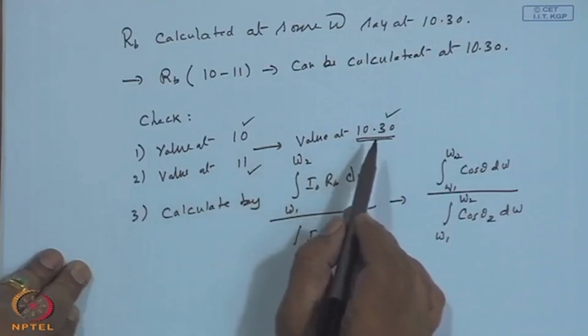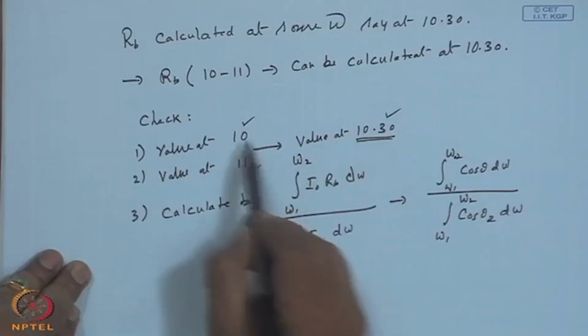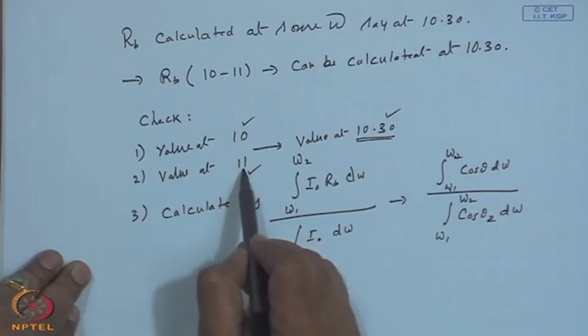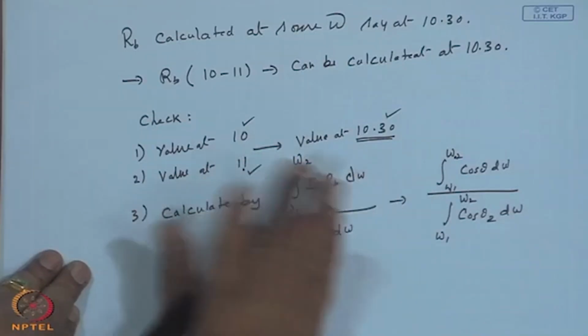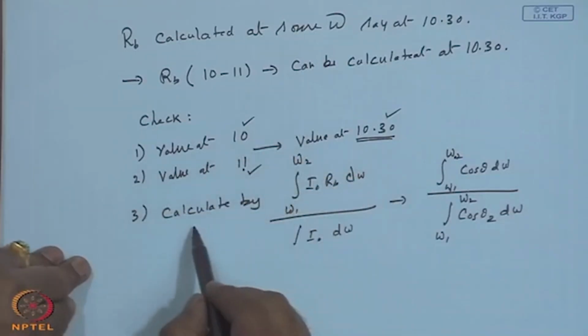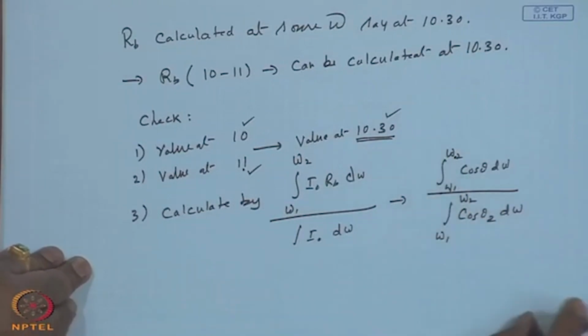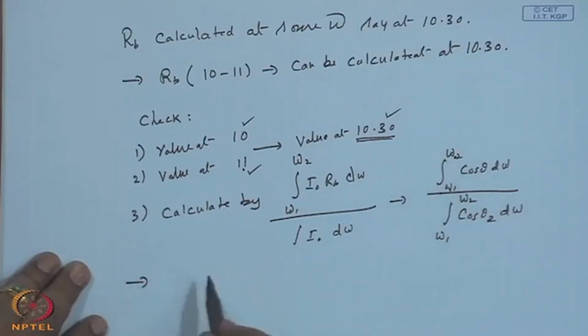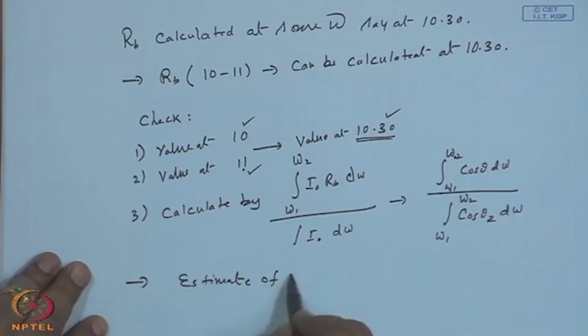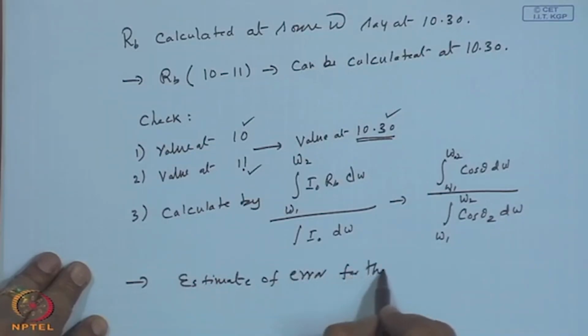Obviously the value at 10:30 will lie between 10 and 11 o'clock, and you can see how far it is from the average, and make an exact calculation between omega 1 and omega 2. So, this will give an estimate of error for the hourly calculation.